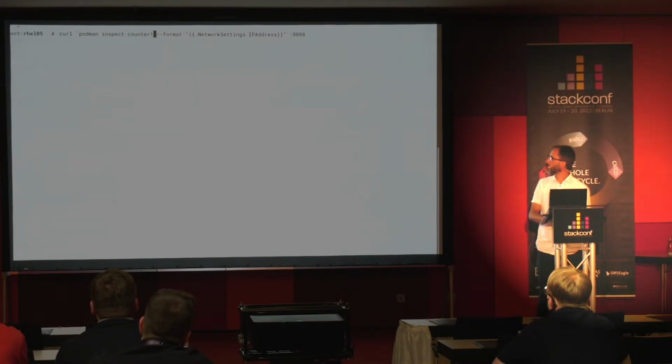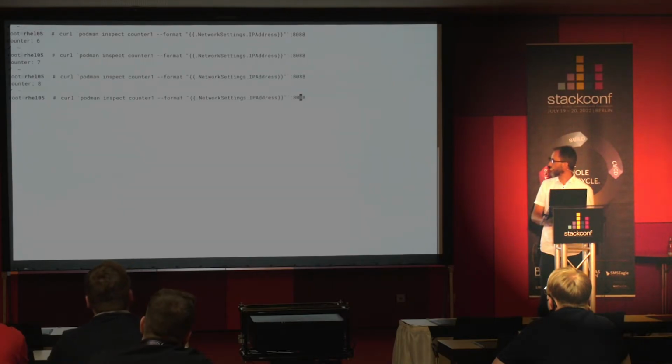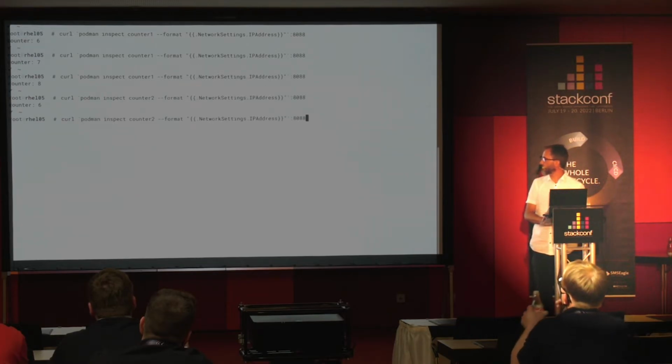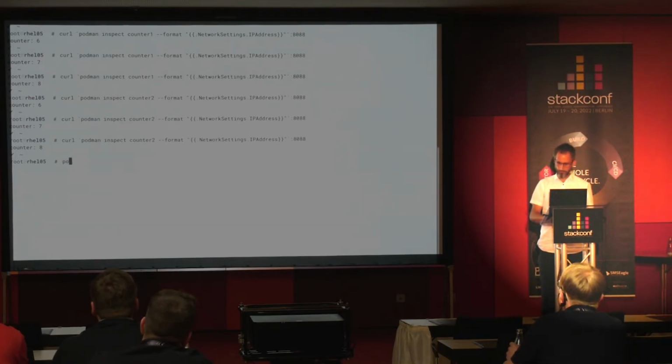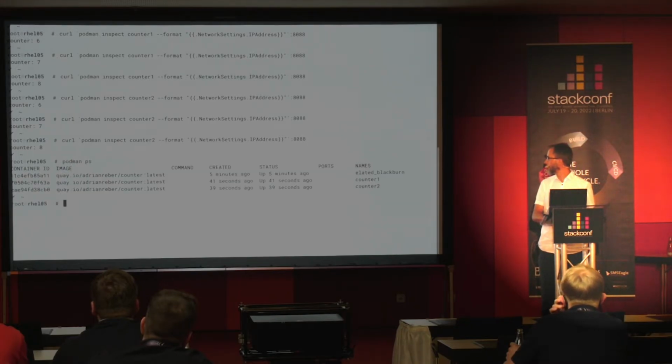So I say counter 1. So this continues to run from 6, 7, 8. I can use counter 2. It also starts from the same checkpoint. And the original container is called elated Blackburn.